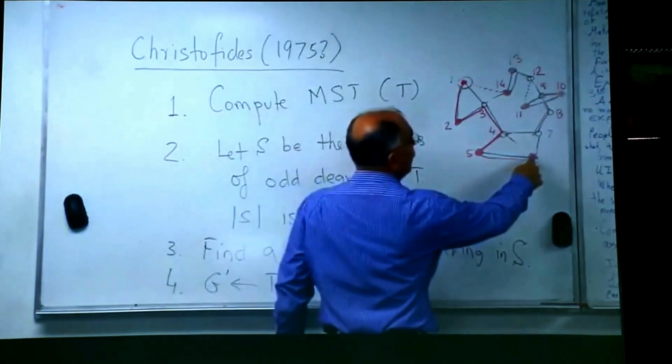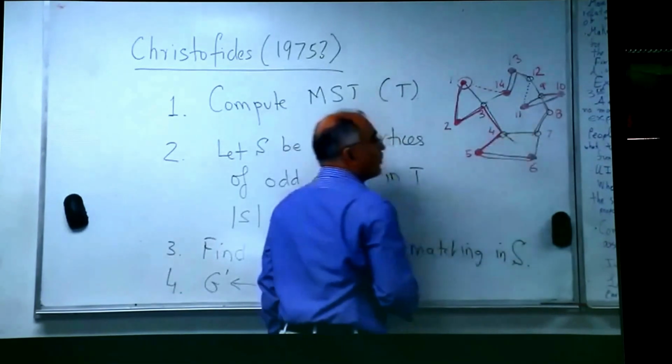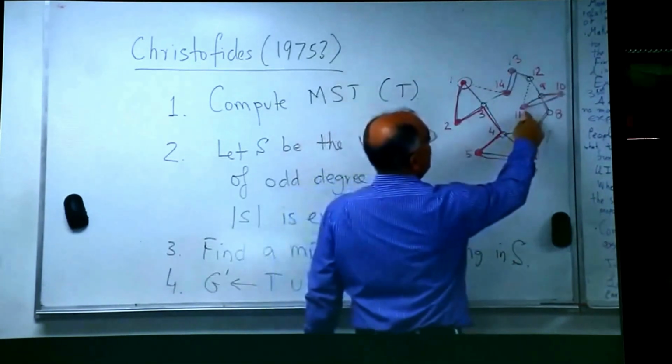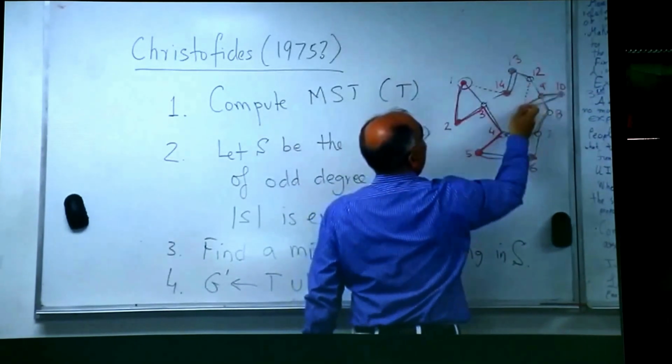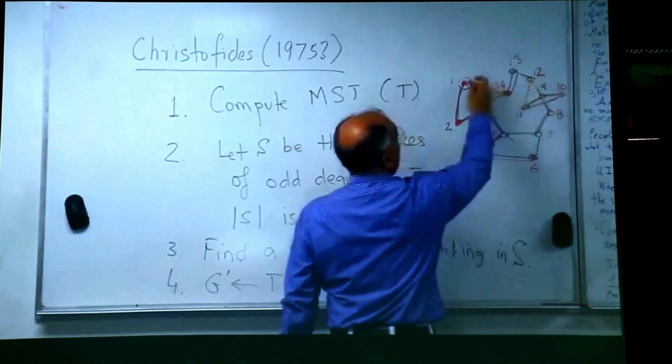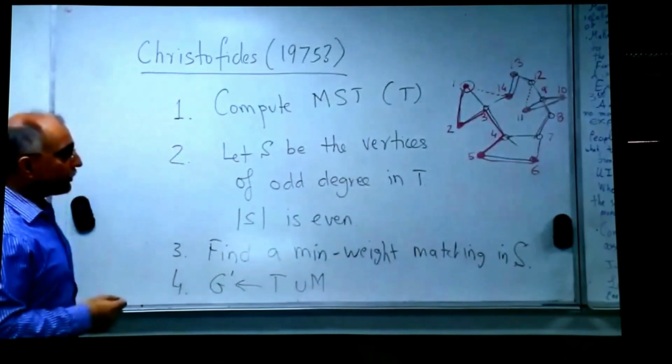So if triangle inequality holds, then the shortcut 6 to 7 is no more than 6 to 4 plus 4 to 7. And the same thing happens here. The shortcut of 11 to 12 does not cost more than going to 12 via 9. And the same is true going from 14 to 1. It does not cost more than going from 14 to 3 and then to 1.